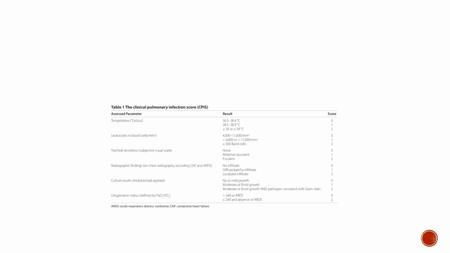Then regarding culture results, no growth is 0, moderate or florid growth 1, moderate or florid growth with pathogen consistent with the Gram stain 2. Then regarding oxygenation status, if it is more than 240 or ARDS 0, if it is less than 240 or absence of ARDS 2.